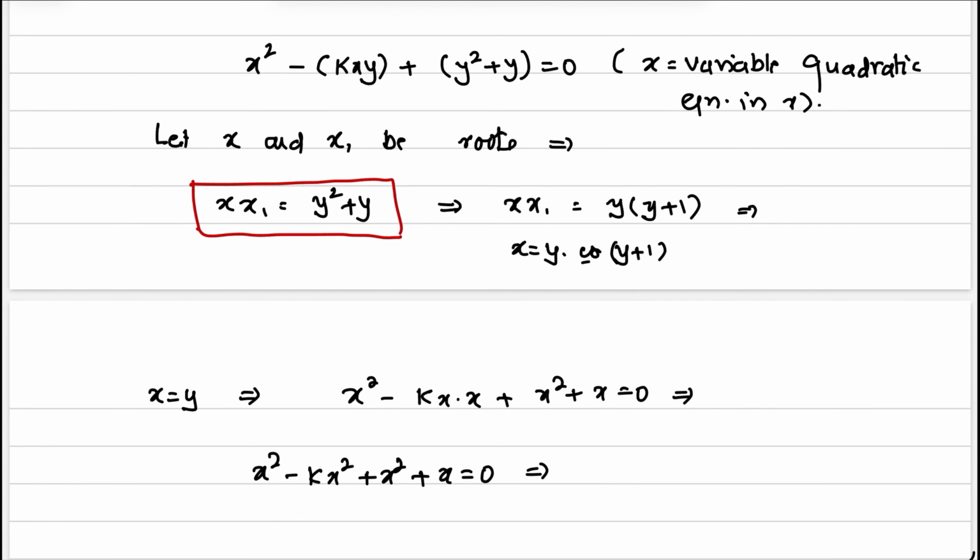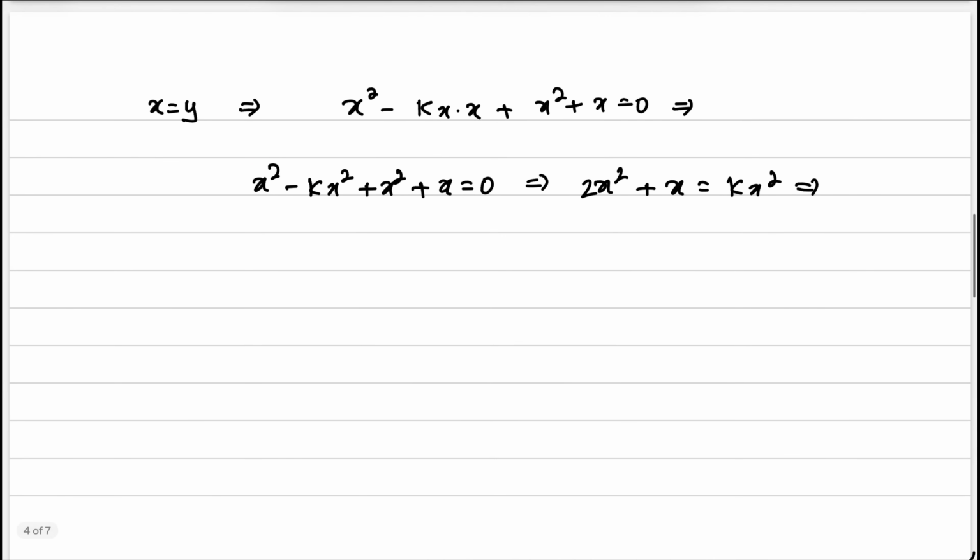That implies 2x square plus x is equal to kx square. That implies 2x plus 1 is equal to kx.